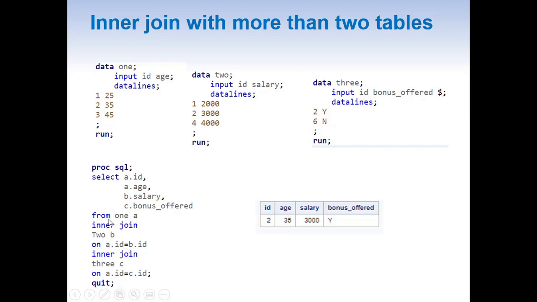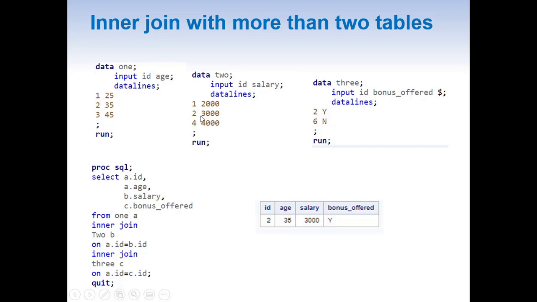When we are saying from 1A inner join 2B on A.id equal to B.id, that first does the join and gets you a result. Here 235 and 3000, there is a match. So we get this row into our result.